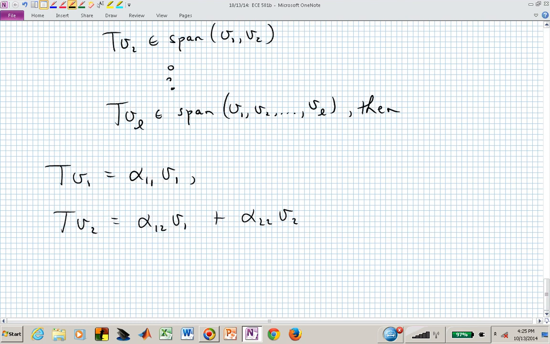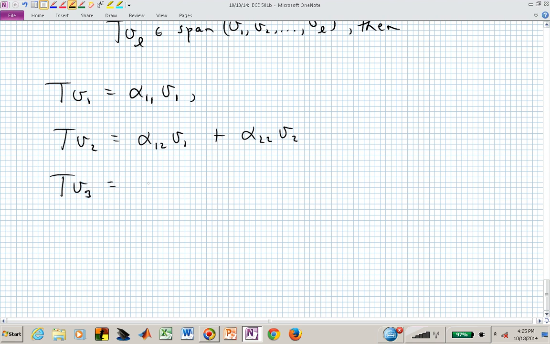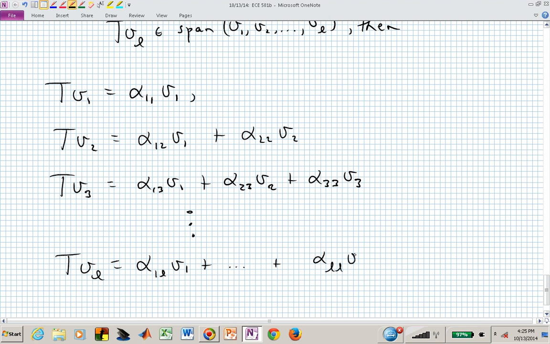T v sub 3 is alpha 1,3 v1 plus alpha 2,3 v2 plus alpha 3,3 v3, etc., down to T v sub L, which is alpha 1L v1 up through alpha LL v sub L.